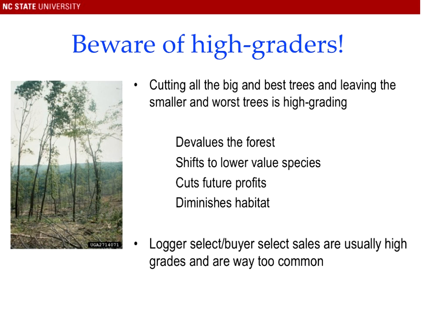And always when doing final harvest, beware of high graders, where all the big and best trees are cut, leaving the smaller and worse trees, which devalues the forest, shifts to lower value species, cuts future profits, and diminishes habitat.